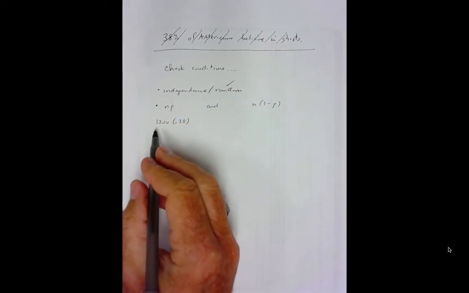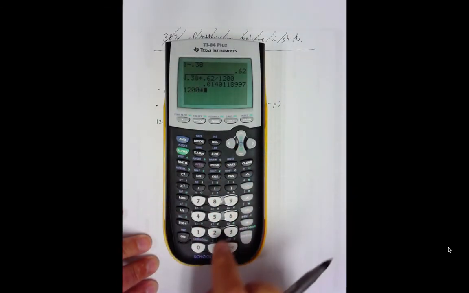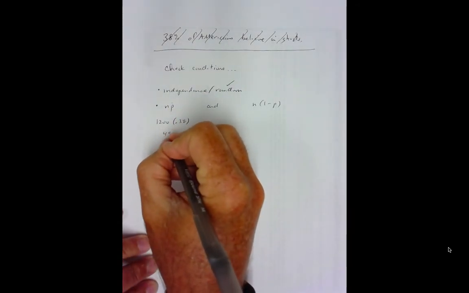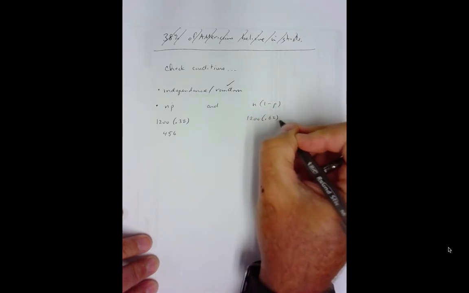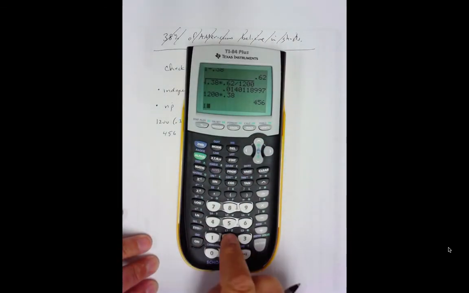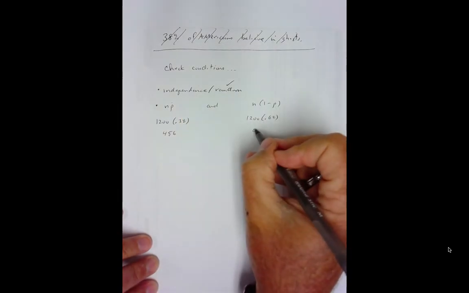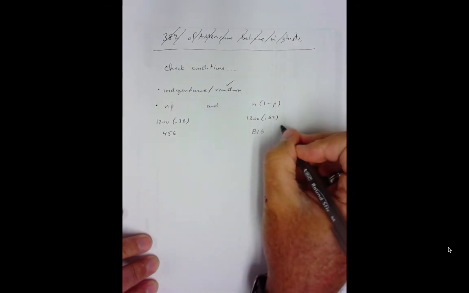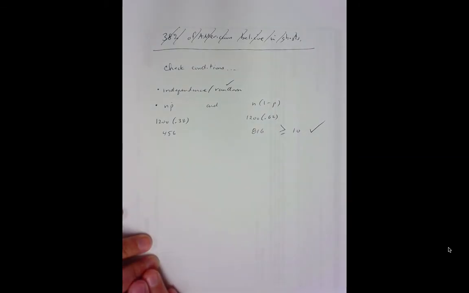Clearly, that's bigger than 10. That's 456. And we need n times 1 minus p, which we saw earlier was 0.62. Well, we know if 0.38 times that's bigger, this will be too. 816. So both of these are greater than 10, so we can check that box.